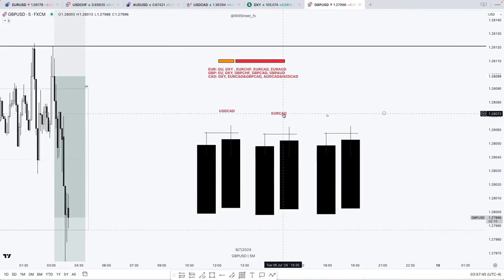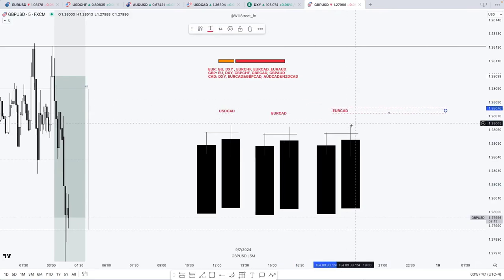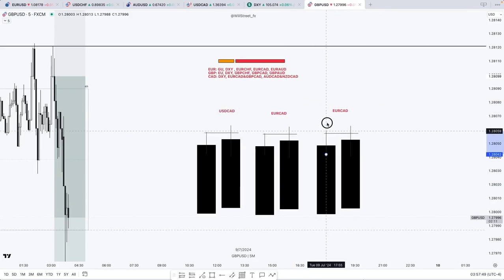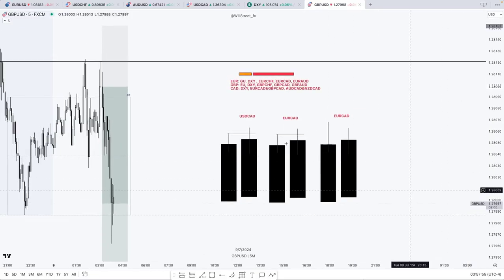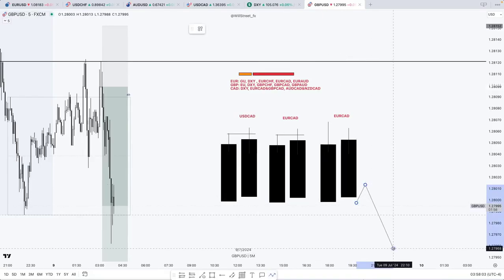And imagine this is GBPCAD, and it fails to make the higher high. So watching this, we already know that this is a reversal or a continuation to the downside. Okay, it will be the next candle.